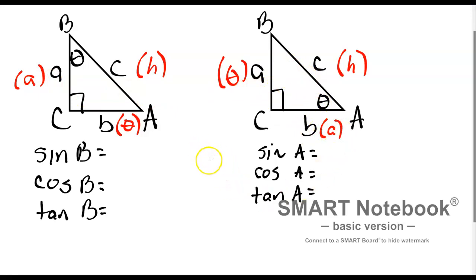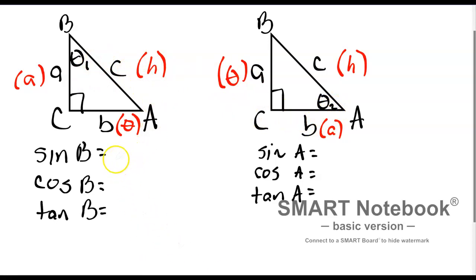The hypotenuse didn't change, but because theta did change, our opposite and adjacent did change, relative to those specific angles. If it helps, we'll call this theta 1 and theta 2 because they're different scenarios. Same triangle, different angles.